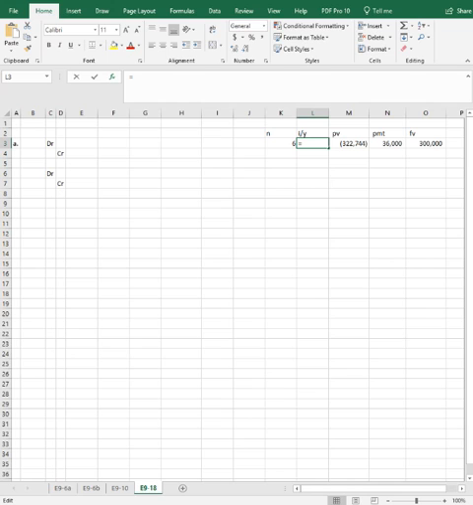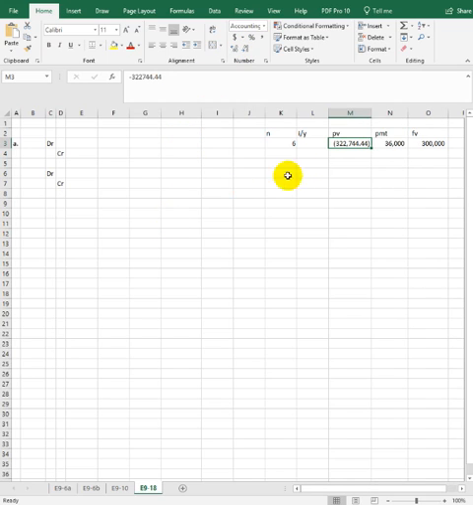322,744.44. Okay, let's just escape from there. And apparently I need a couple more digits here. There we go. So that is the amount that we're going to put in as present value. Make it negative.